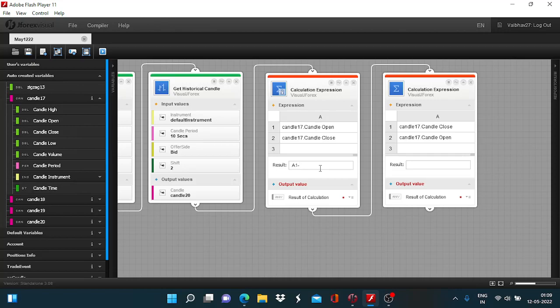A1 minus A2, and here also one and the same thing, A1 minus A2.